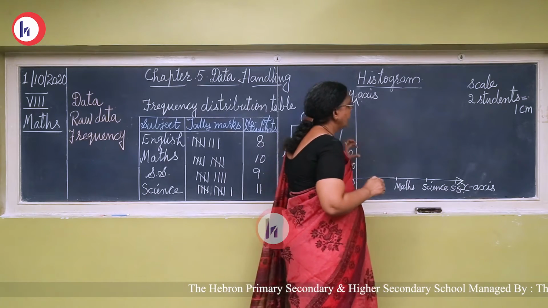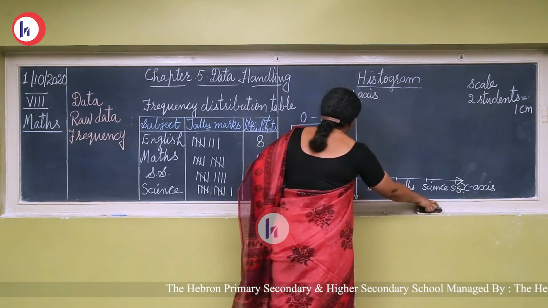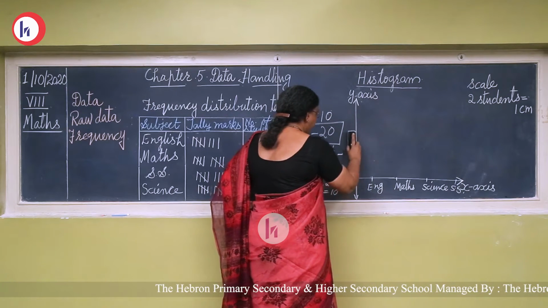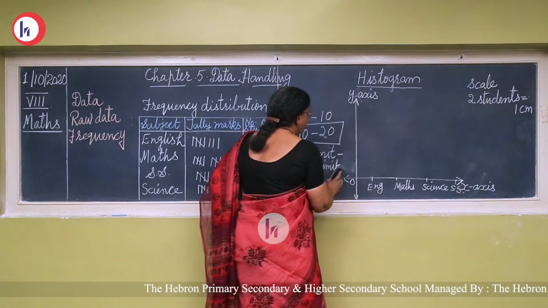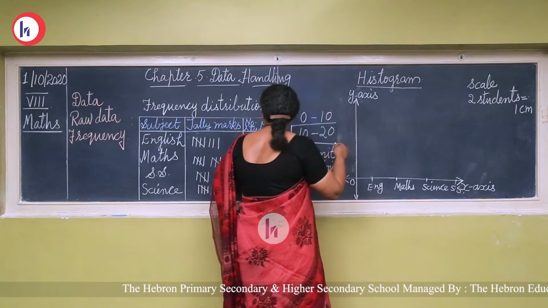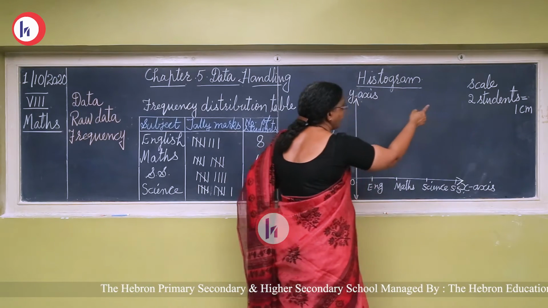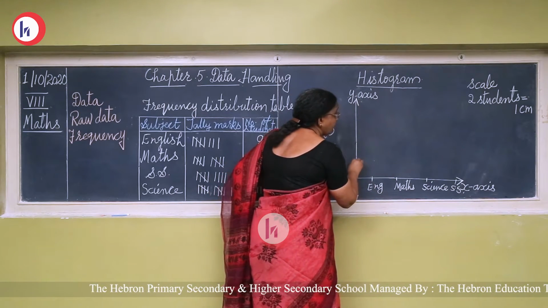Now, see that 2 students is 1 centimeter. So, here we wrote the subject, and this side we can write the number of students, starting with 1 centimeter. So, 1 centimeter is equal to 2 students.